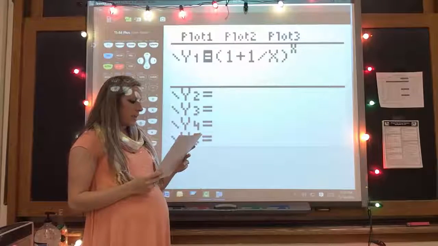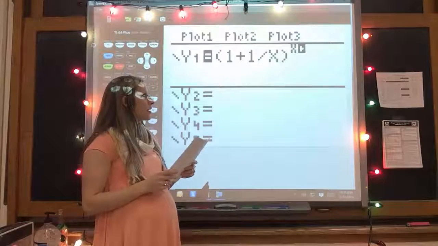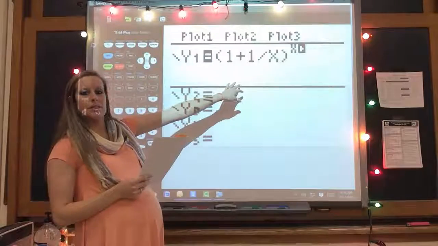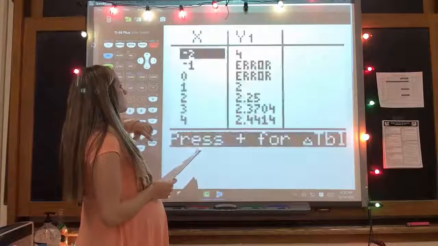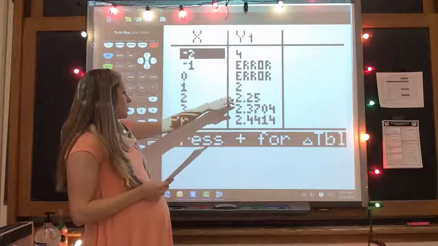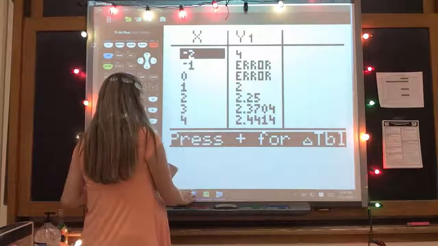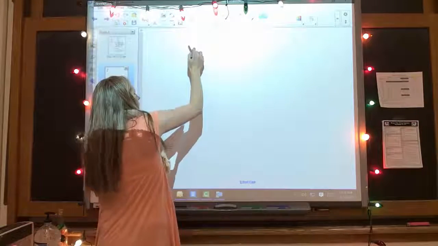Okay, and we want to look at the table. So press second graph. Once you have all that plugged in, y equals, press second graph to go to your table. And when x is 1, my y is 2. When x is 2, my y is 2.25.